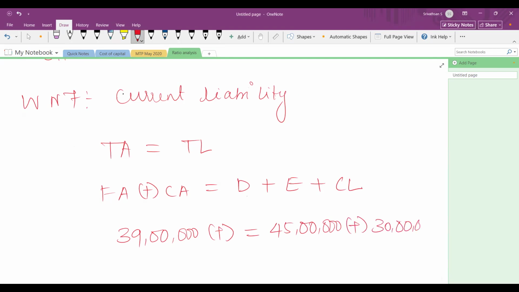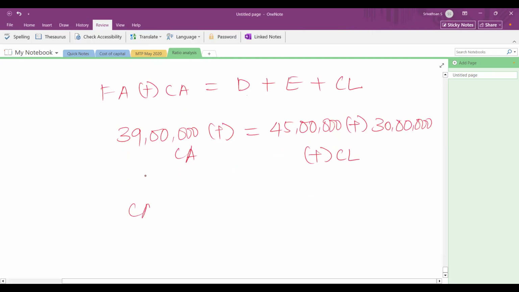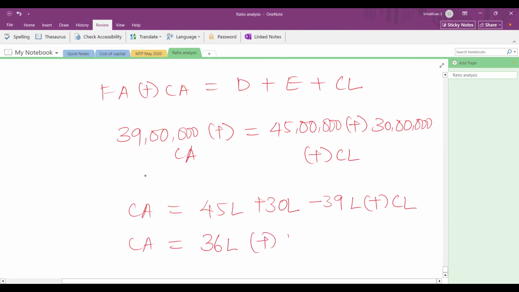Current liability is not given, we have to calculate it, right? So current asset is equal to 45 lakh plus 30 lakh minus 39 lakh plus current liability. So current asset is equal to 36 lakh plus current liability. Is this clear? Any doubt so far?